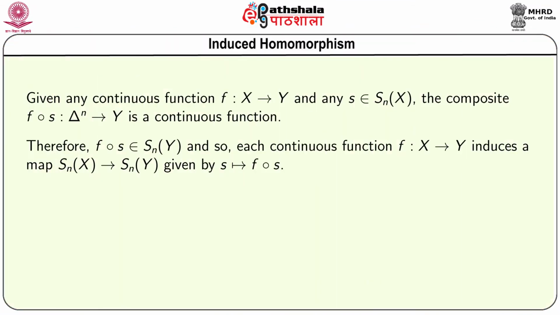For that purpose, we wish to construct certain functions between the chain complexes Cn(X) and Cn(Y) when a function f is given between two topological spaces X and Y. Given any continuous function f from X to Y and any s belonging to Sn(X), we consider the composite f composed with s, which is once again a continuous function.